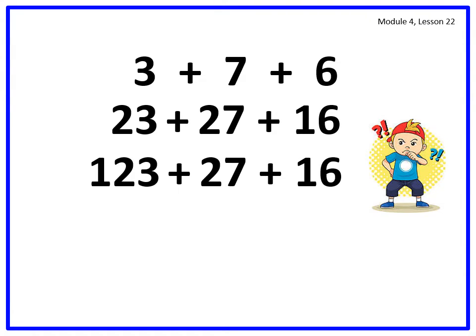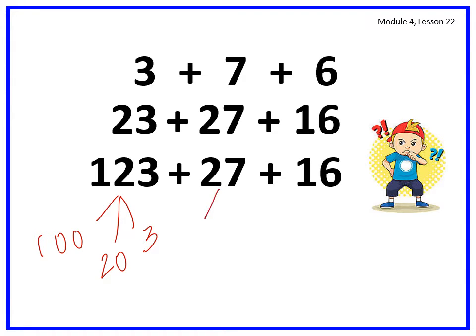Well, when I look at this problem, I think about breaking the three-digit number 123 into 100s, 10s, and 1s. So if I do that, I'd have 100, 20, and 3. If I show my number that's in standard form in expanded form, this is what we would get.